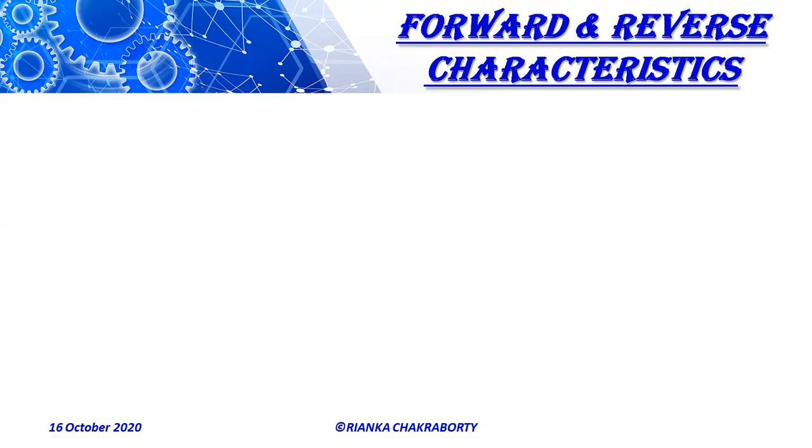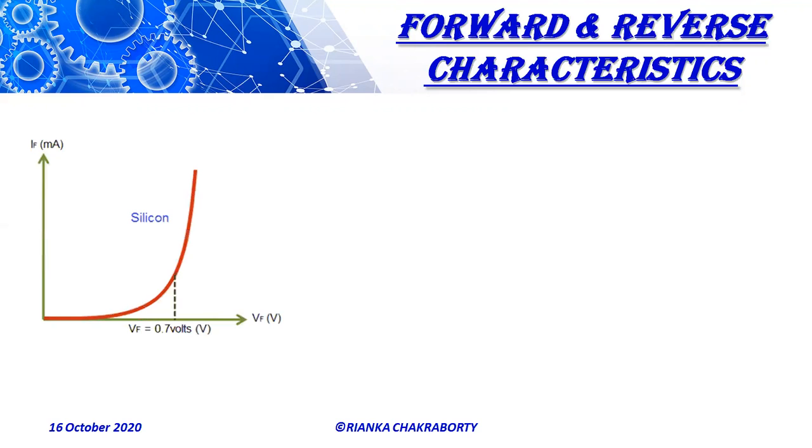So, we know if the positive terminal of the battery is connected to the p-type semiconductor and the negative terminal of the battery is connected to the n-type semiconductor, the diode is said to be in forward bias. In forward biased PN junction diode, VF represents the forward voltage and IF represents the forward current.